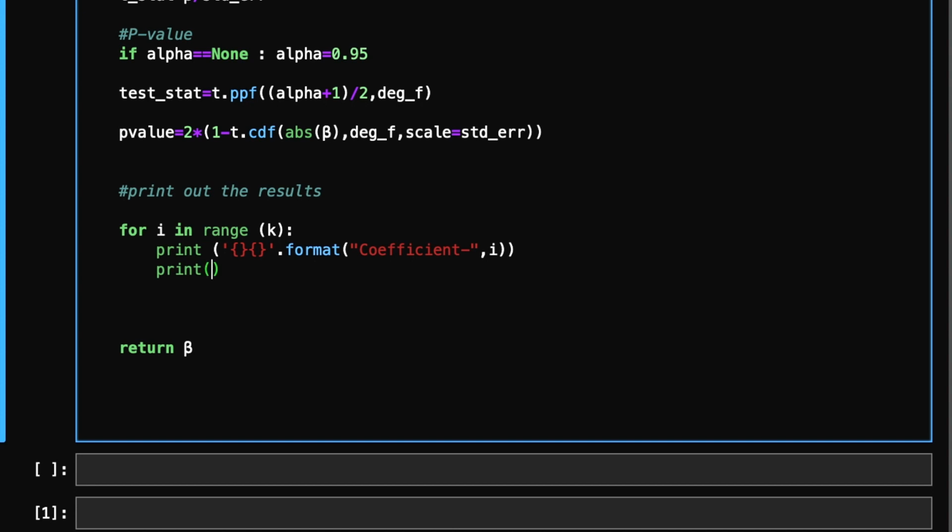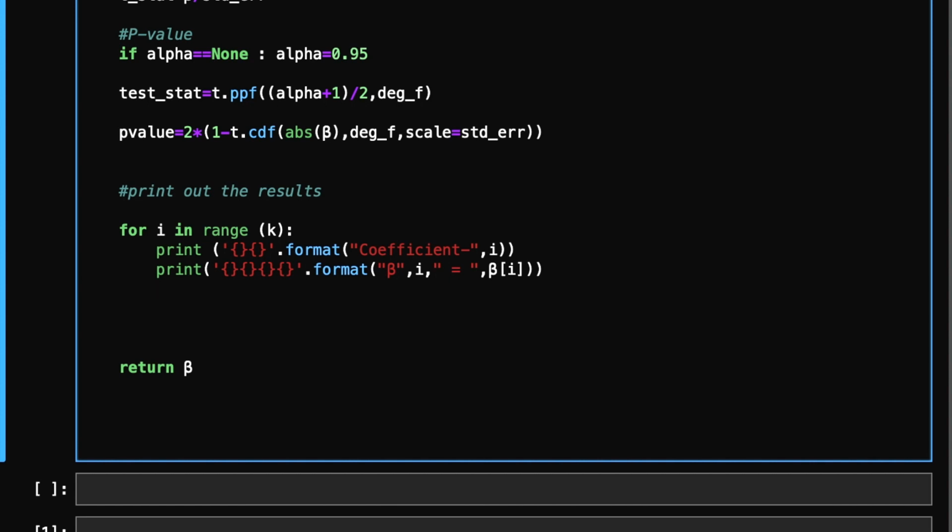And then let's print the other things. I'm going to use four placeholders here, with format. And so the first thing is beta. Let's index this with i. Okay, so this is going to print out the beta estimate. And let's print, formatted, the standard error.